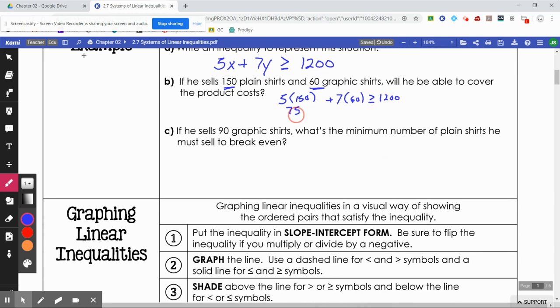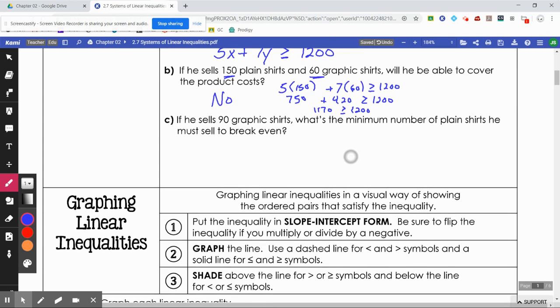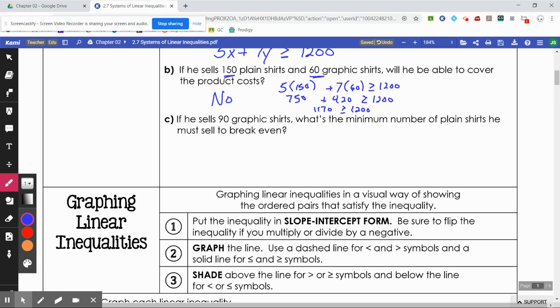So it'd be 750 plus 420 is greater than or equal to 1,200. That'd be 1170 is greater than or equal to 1,200. So he's not going to make but 1170. So will it cover production costs? No, it will not.